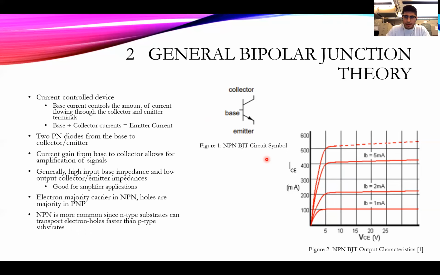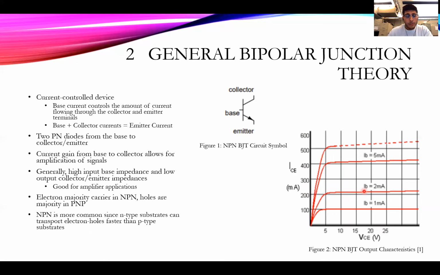And what I was mentioning earlier about how this base current is going to change and vary and control our collector emitter current is shown here in figure 2. What figure 2 is showing is that no matter the collector emitter voltage, once we get into this saturation, forward active region, as we change this collector emitter voltage, that has no influence on the current flowing from the collector node to the emitter node.